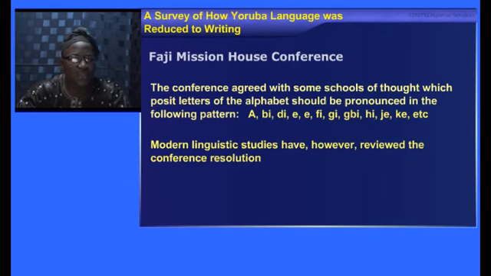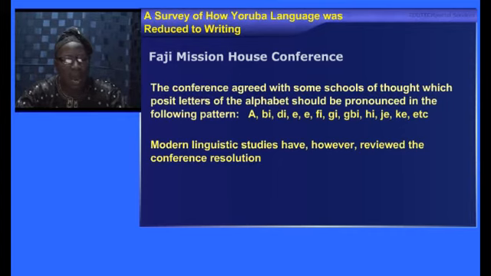While some other schools of thought feel that letters of the alphabet should be produced in the following way: A, B, D, A, E, F, G, B, I, G, K. From these letters or this alphabet, you will see that some other things are added to the alphabet. Take for example, B. I was added to it, probably because of the pronunciation.